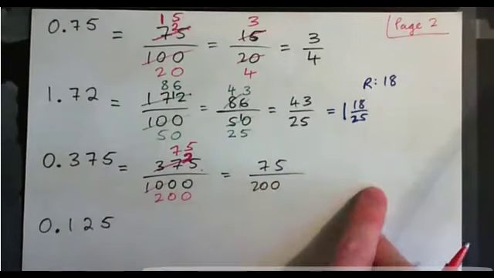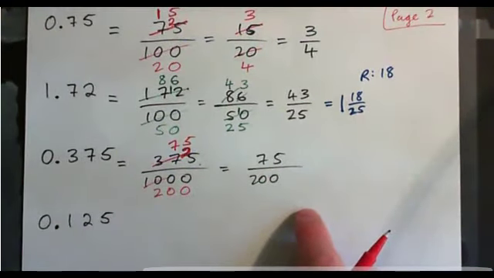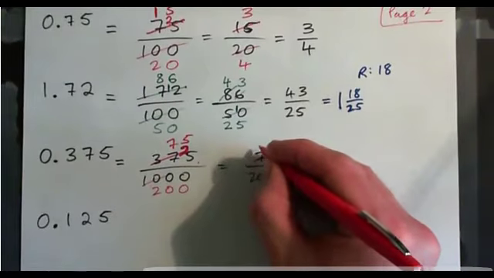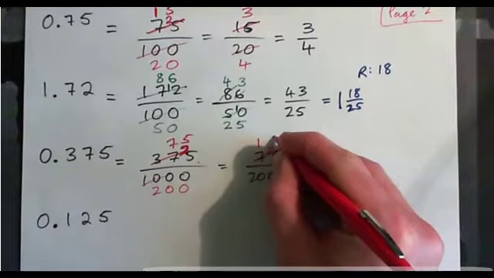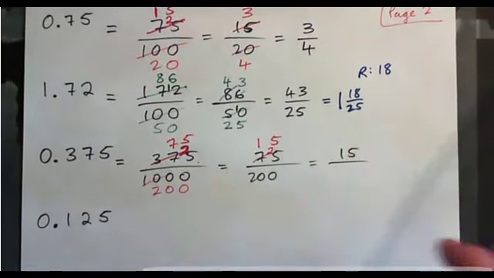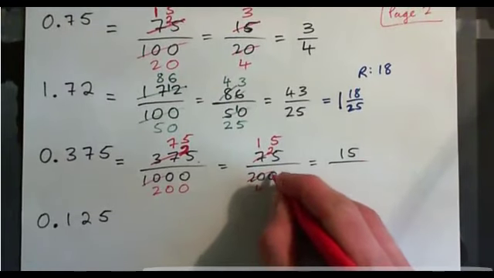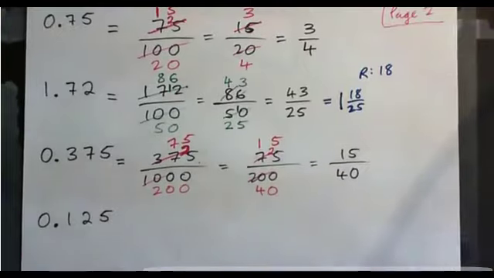And now complete this. Put that in lowest terms once more. Press pause and continue. Right? So 5 into 7 goes once, remainder 2. 5 into 25 goes 5 times, that's 15. 5 into 20 goes 4 times, and 5 into 0 goes 0 times, so it's 15 over 40.